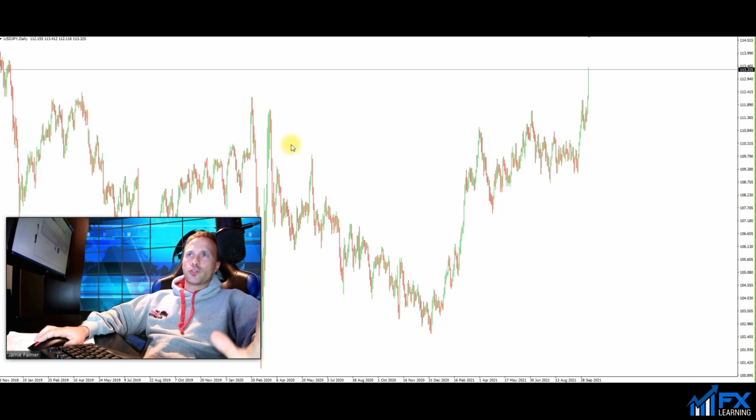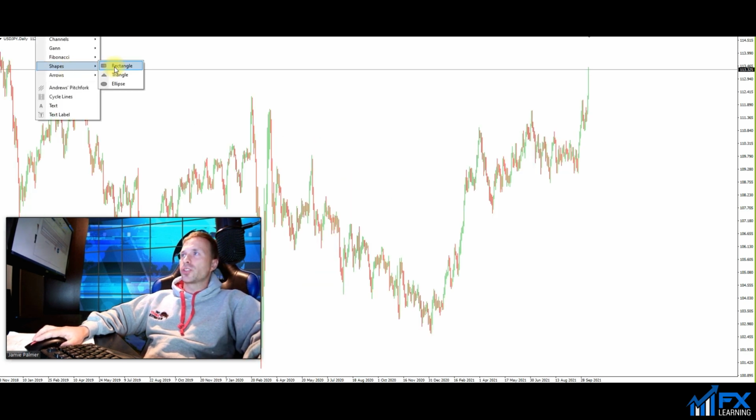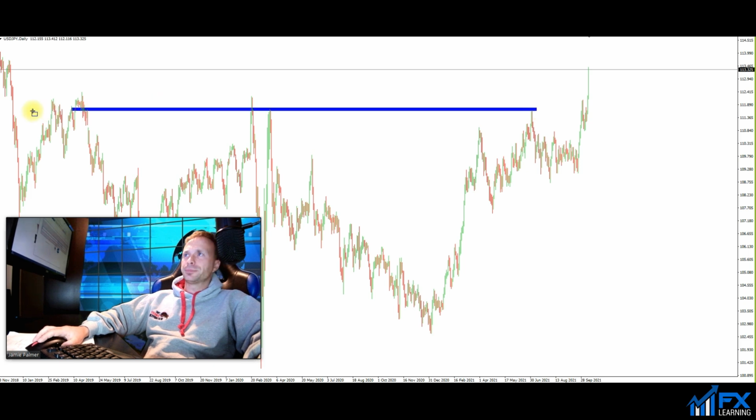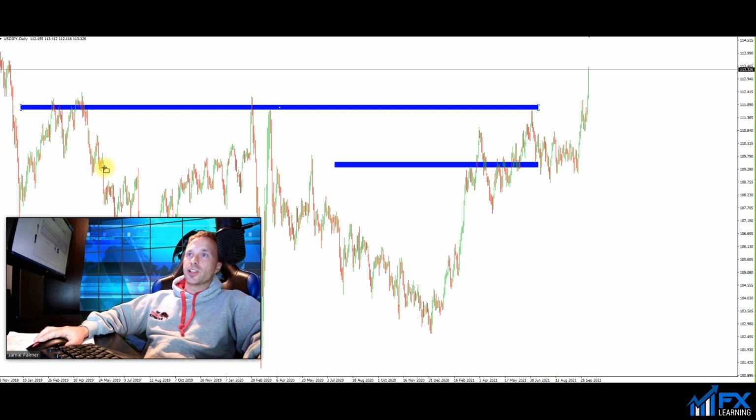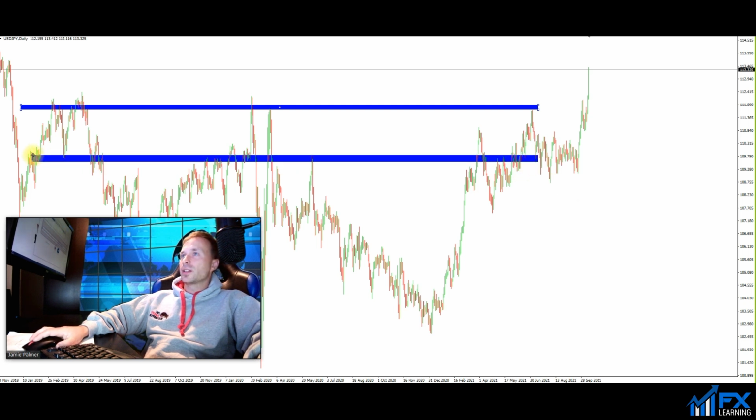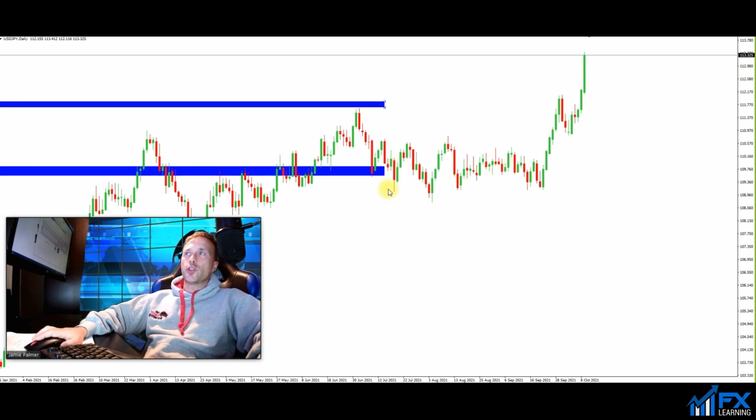Okay, I'm just going to draw up some support and resistance on the daily now. So I'm going to draw that area just there. So, nice little area just there. And also I'm going to mark up a nice area just here as well. Okay, so let's zoom in now.